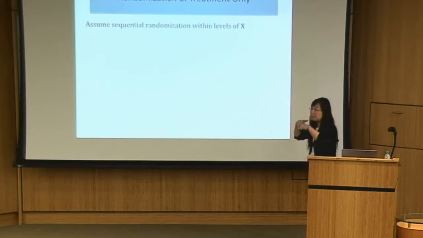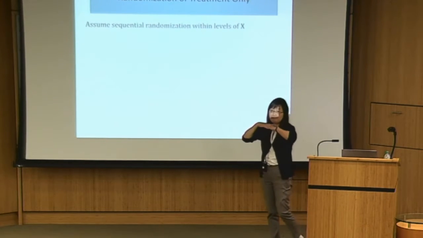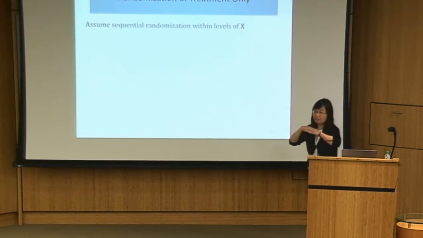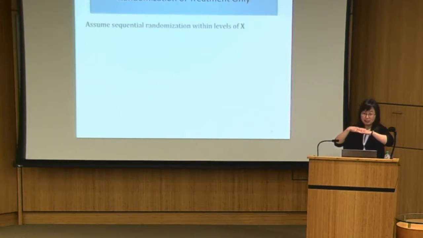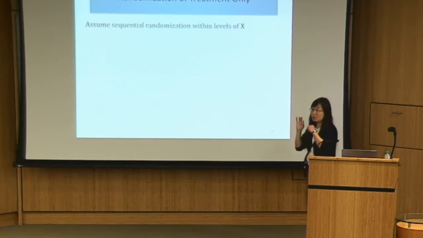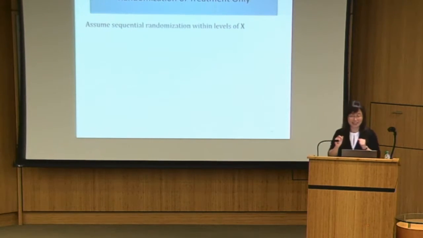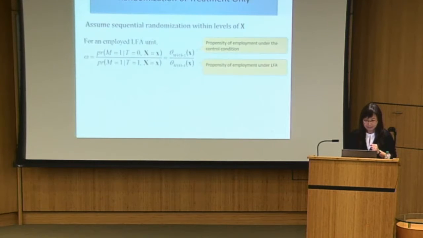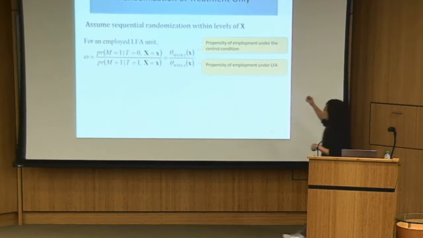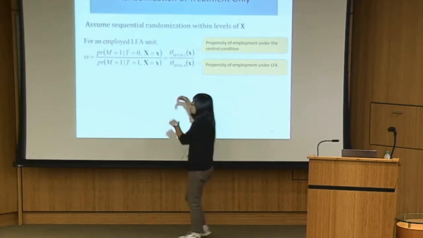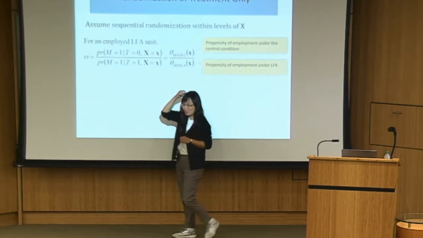Within levels of X are people who share the same background, same pre-treatment information, such that the fact that some of those are employed, some are not employed, is due to whatever haphazard events happening in the real world on a daily basis. So now within levels of X, we do the hypothetical sequential randomization in our mind.